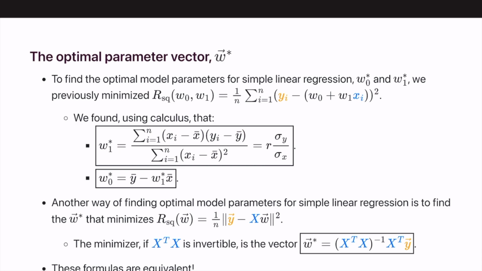And we've just found that there's perhaps a different way to do that. This different way allows us to generalize to multiple variables, and it still holds true for simple linear regression as well. And this winds up being a very nice thing.